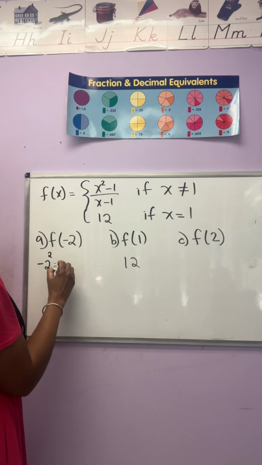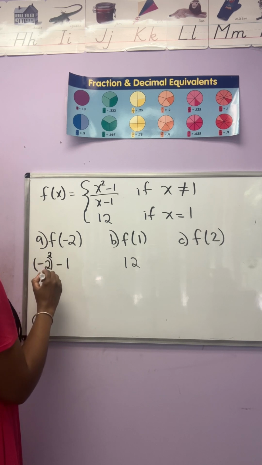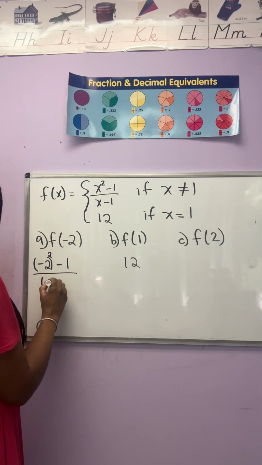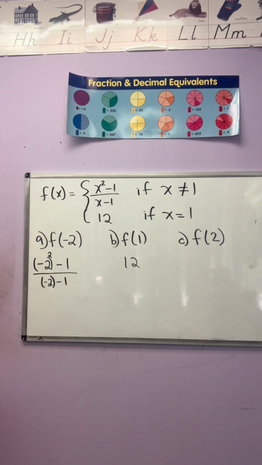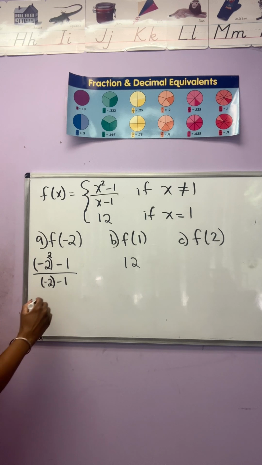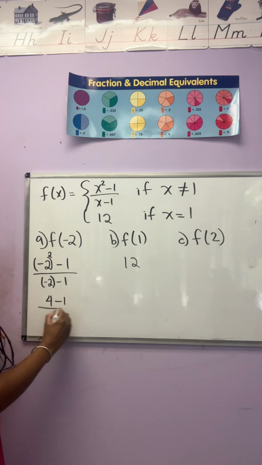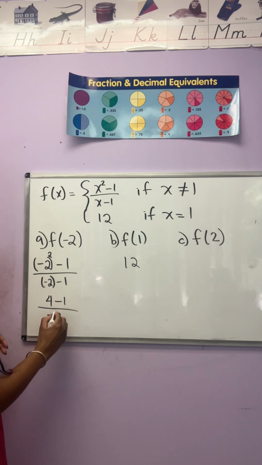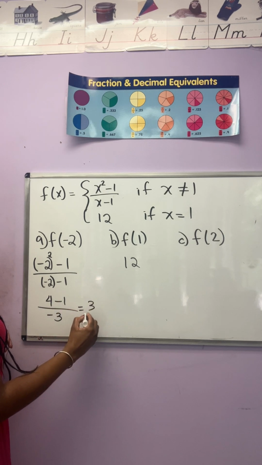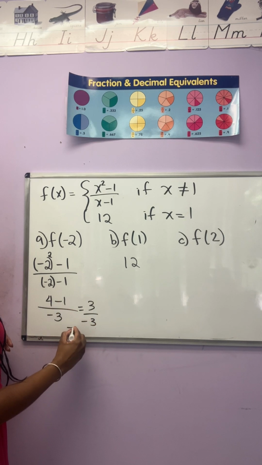Negative 2 squared minus 1 over negative 2 minus 1. Okay, so x is negative 2. So if we take negative 2 to the second power, we have 4. And for the bottom one, negative 2 minus 1 is negative 3. 4 minus 1 is 3. 3 over negative 3 is negative 1.